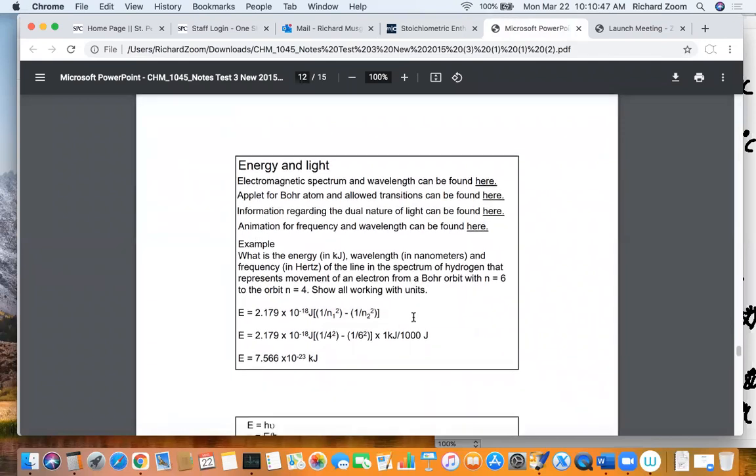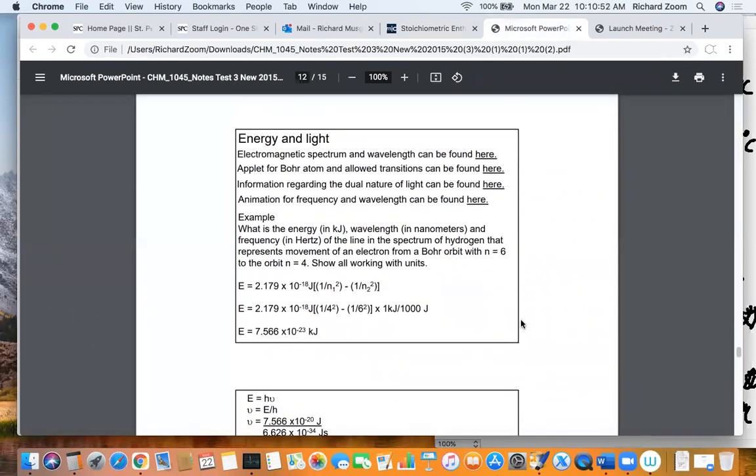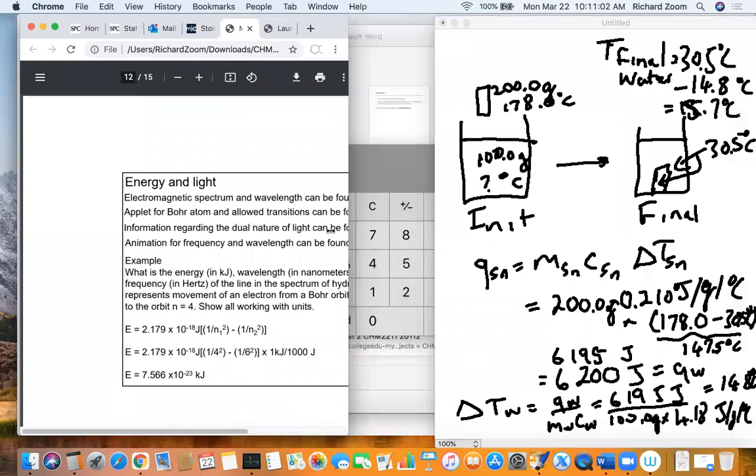All right, let's get a start here on the Bohr atom and the kind of problem you're going to have to deal with here. So I'm going to give you a little bit of background first about what's going on.